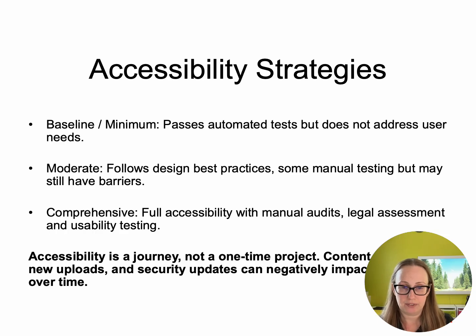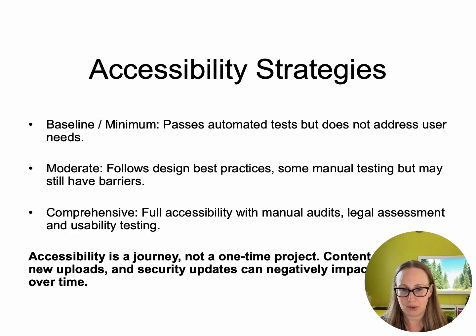So you have a couple different accessibility strategies that you could use, which is first the baseline. Hey, we just want a minimum. We want to pass the automated tests, but automated tests only catch about 30% of accessibility issues. So basically, when you say you just want to pass the test, you just want to meet the minimums, you're saying 30% is good enough for accessibility on my website.